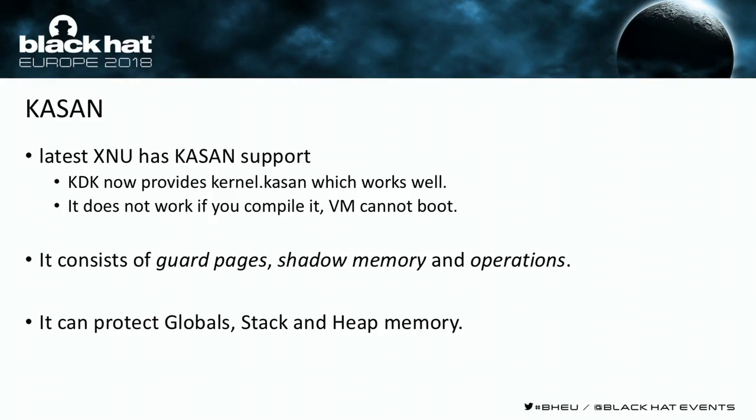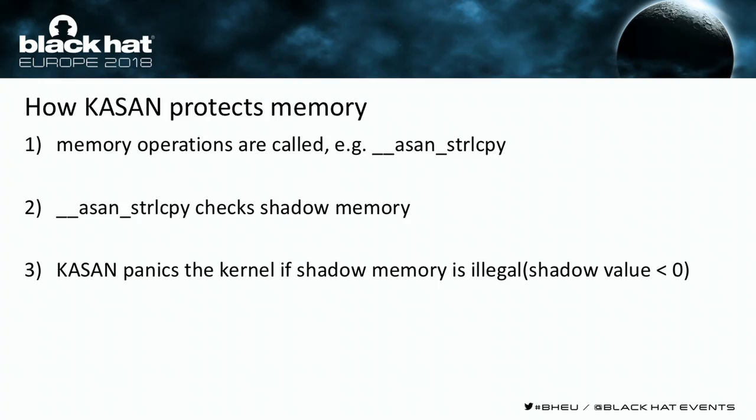It consists of guard pages, shadow memory, and operations. It can protect globals, stack, and heap memory. Let's see how KASAN protects this kind of memory. If you call the function strlcpy in the kernel in XNU, it calls ASAN strlcpy if you enable the KASAN feature.